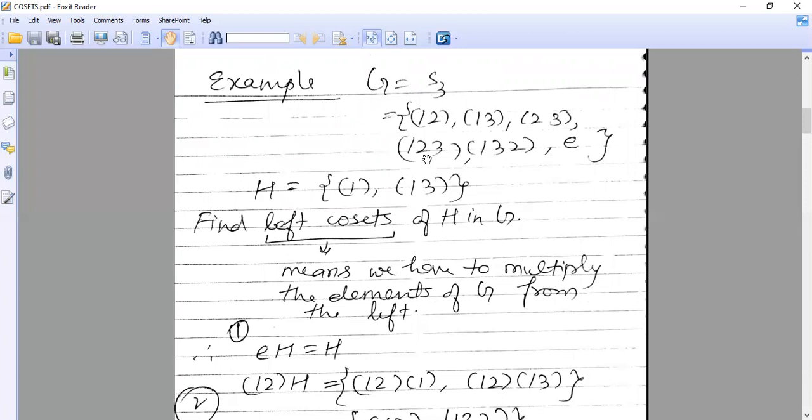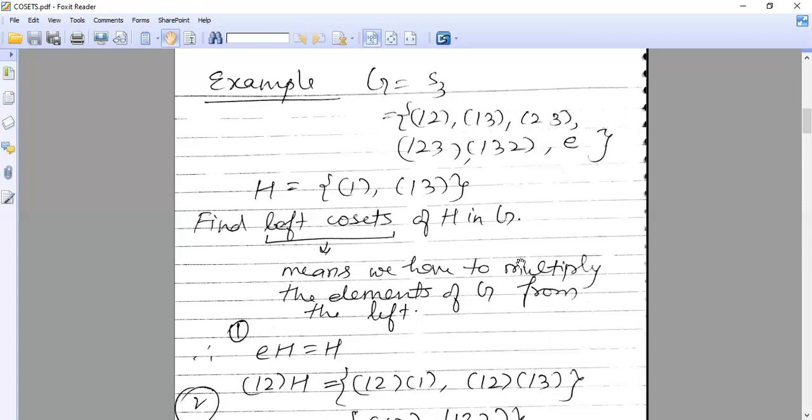These are the permutations in S3: (1 2), (1 3), (2 3), (1 2 3), (1 3 2), and the identity element. Identity element means there is no change in the position of 1, 2, 3. So this is your group S3. Now you have this subgroup H of S3, and H has these two elements, e and (1 3). So these are the two permutations in H.